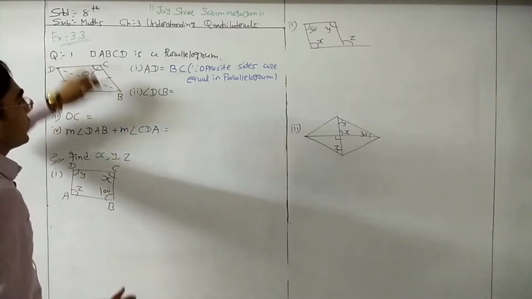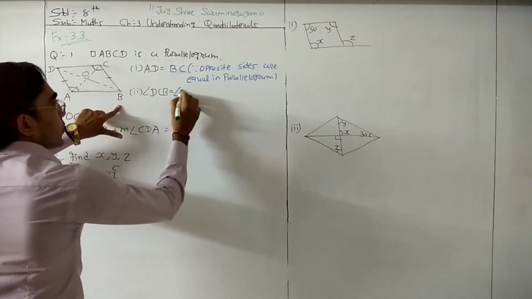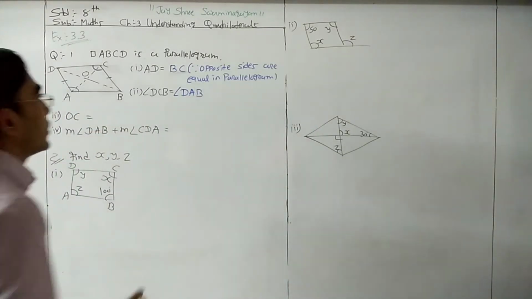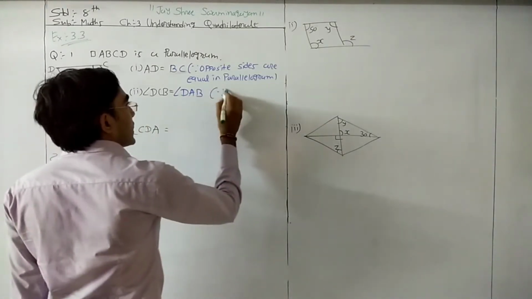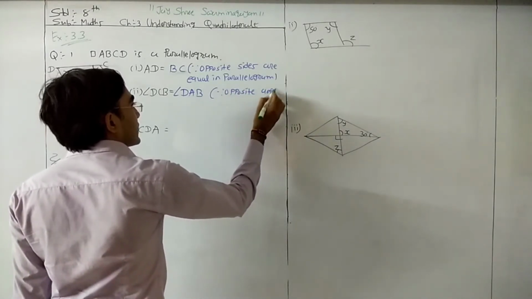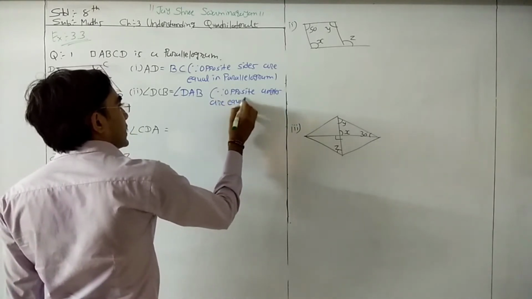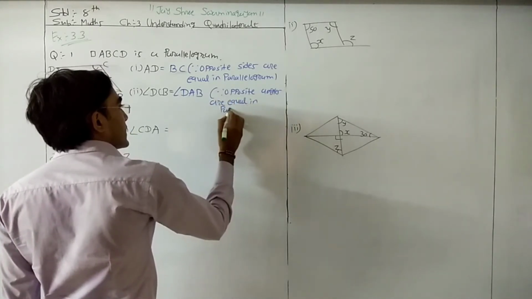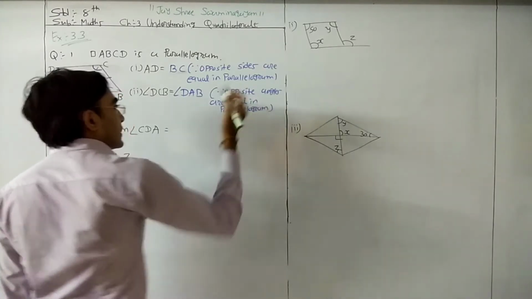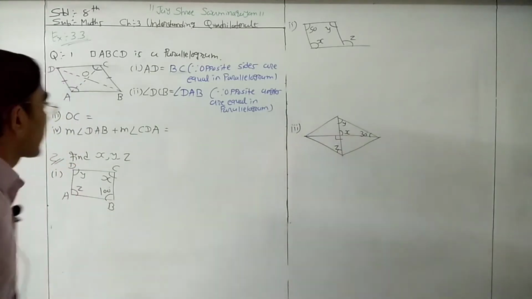So angle DCB is equal to angle DAB. And what is the reason? Opposite angles are equal in a parallelogram.